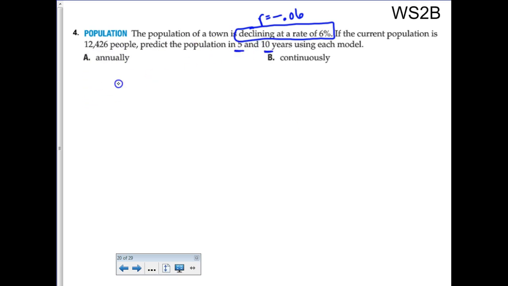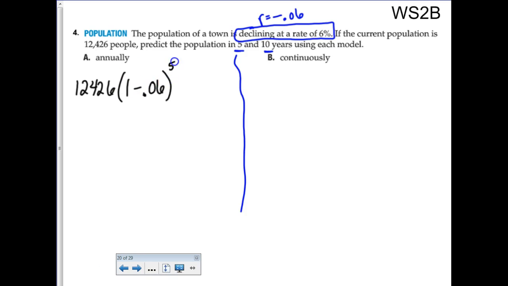So we're going to do 2 problems for each of these setups. So first, for annual declining, we're going to start with 12,426. And annual means you just use the regular growth and decay formula, but we are decreasing at 6%.